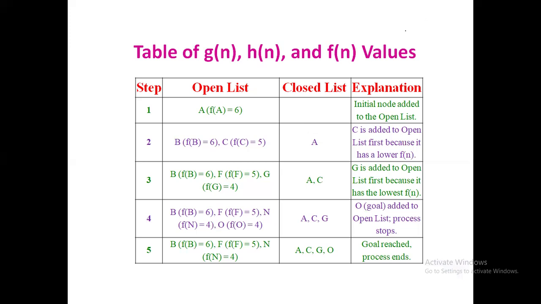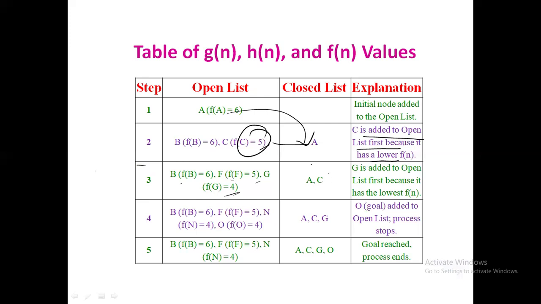And this is the table format for finding the f(n) value. So here in the open list, first we put A, then we expand node A, and we get B and C. From this, C has the lowest value. So we put A into the closed list and C is added to the open list first, because it has the lower value. f(C) is 5. Then B, f(B) is equal to 6, f(F) is equal to 5.